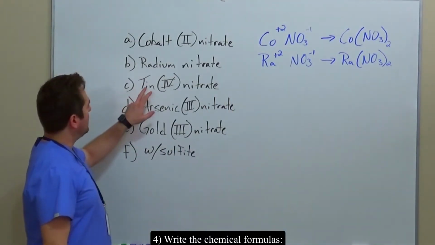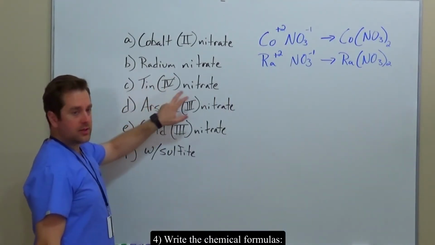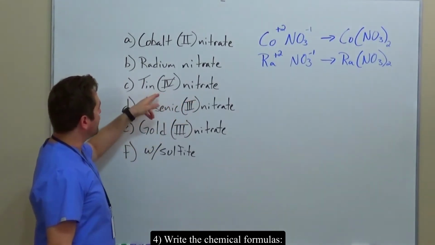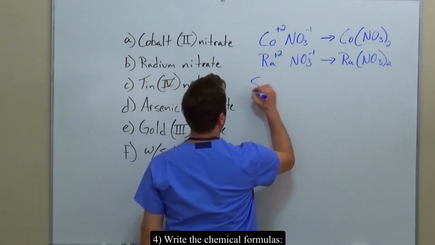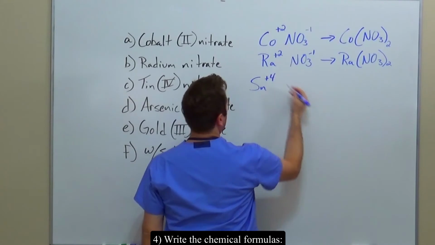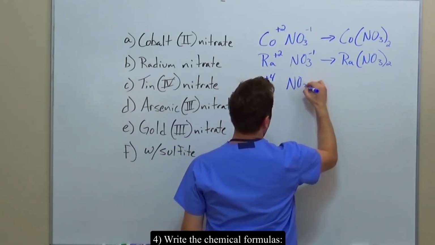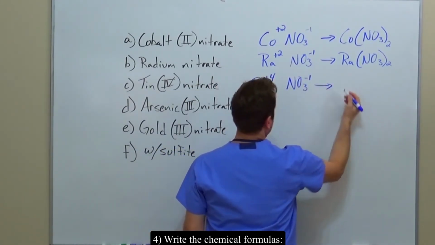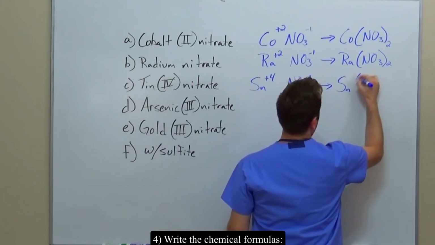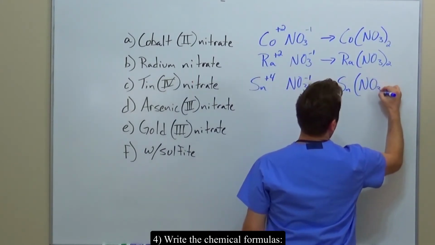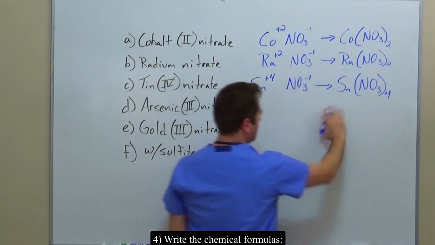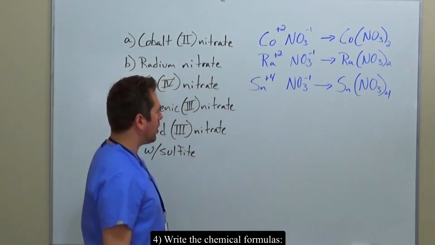All right, letter C, tin-4 nitrate. So our tin has a +4 charge to it. Each nitrate is -1. So again, we're going to use parentheses because we're going to need 4 of those nitrates in order to neutralize this +4 charge.